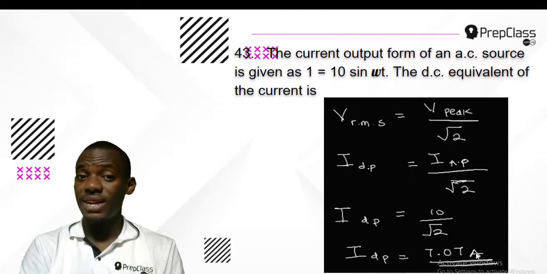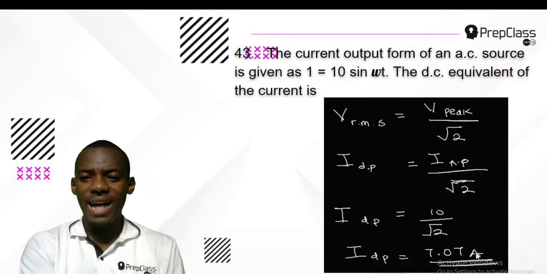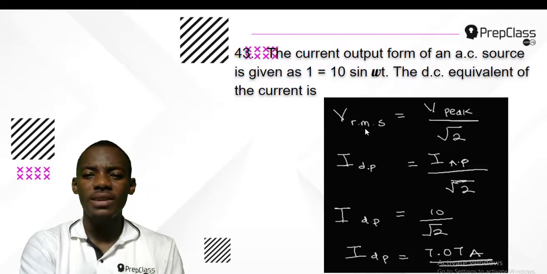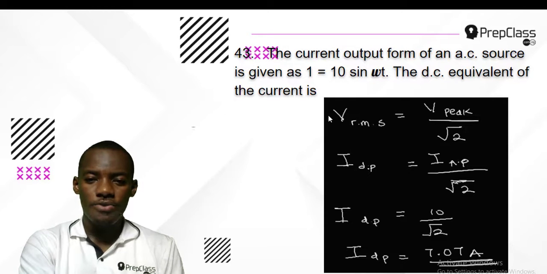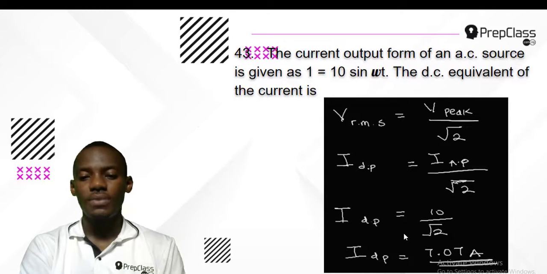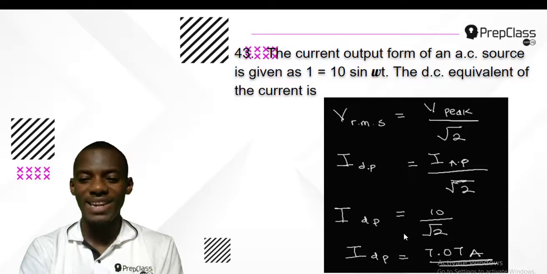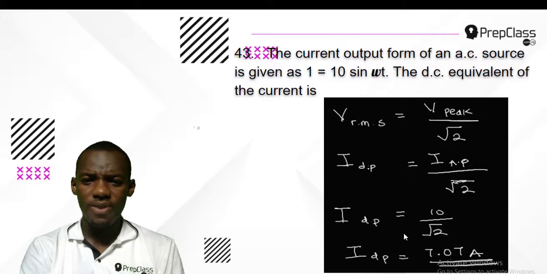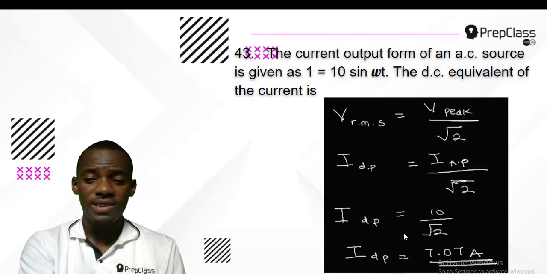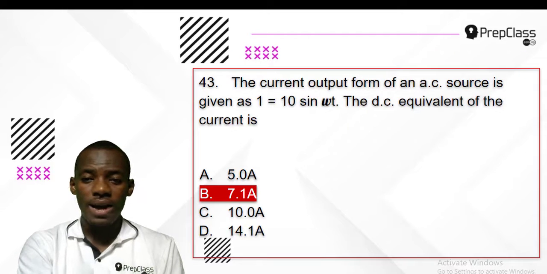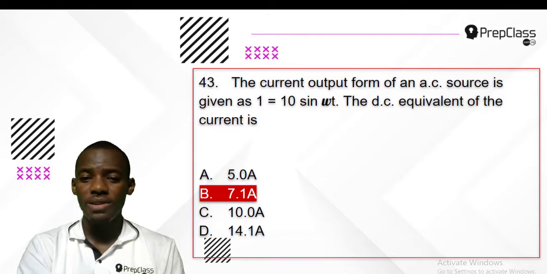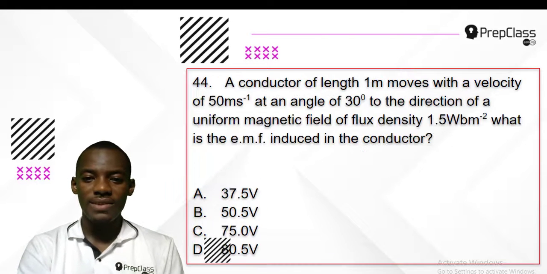That is very, very important. You might be asking, what's the meaning of RMS? It is root mean square. That is the answer for finding the direct current. So the DC equivalent of the current is 7.07 amperes, approximately 7.1 amperes. That is the answer.